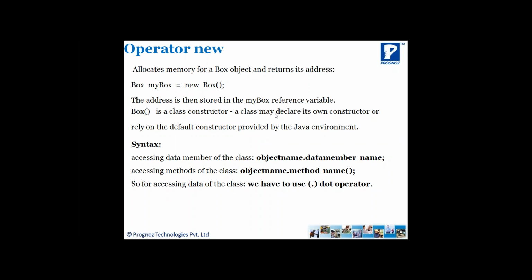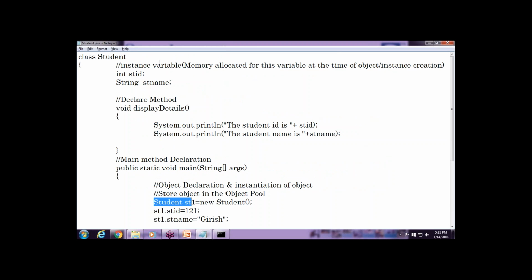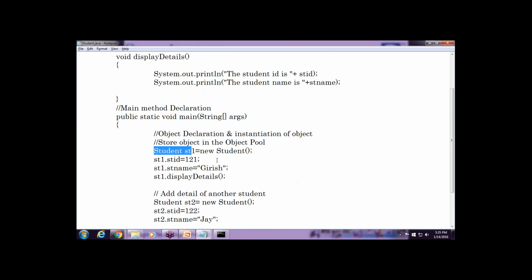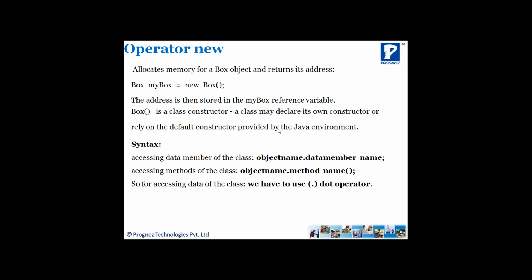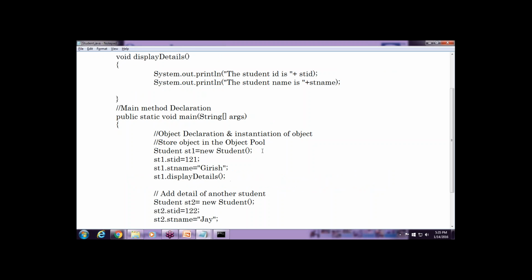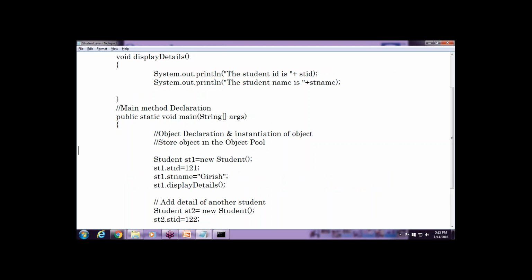A class may declare its own constructor or rely on the default constructor. Did I declare any constructor here? You can see I'm not declaring any constructor. That means this constructor is my default constructor. Who is providing this? The default constructor is provided by the JVM.